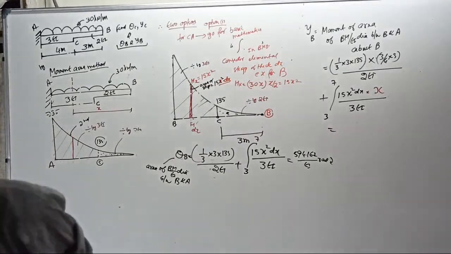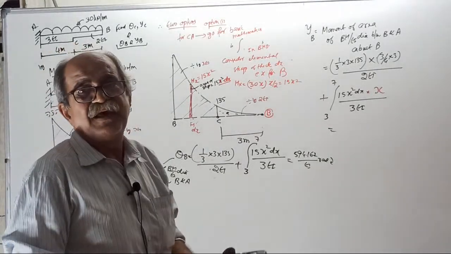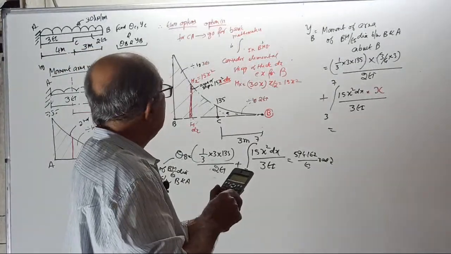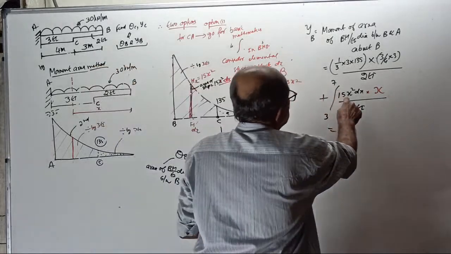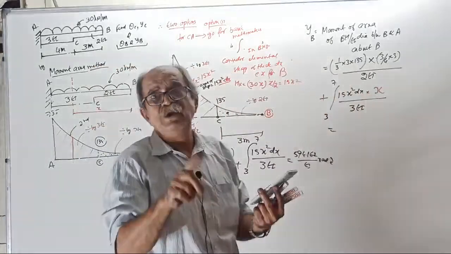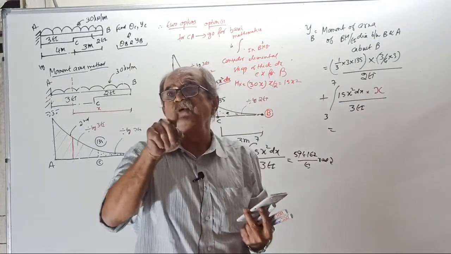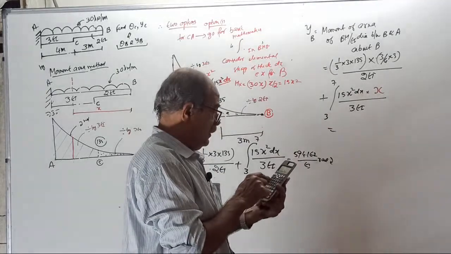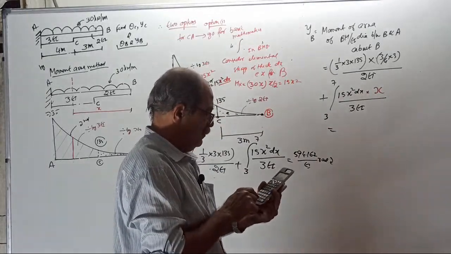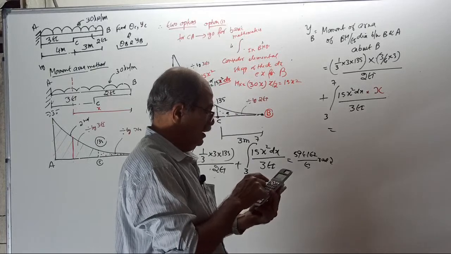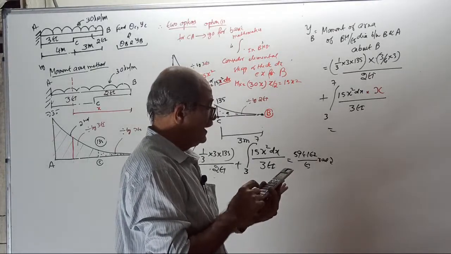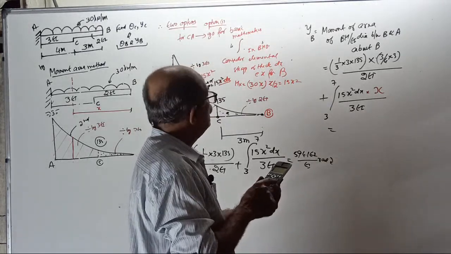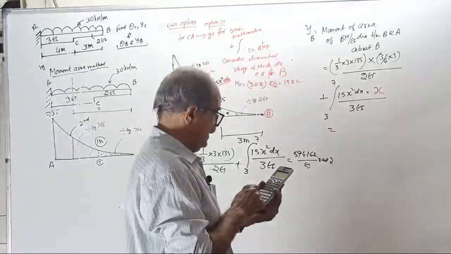Last answer for today. Now onwards the question is whether the answer tallies or not. 15 by 3 into bracket x square into x, x square into x is x cube. X cube when you integrate is x power 4 by 4. Be careful. Into bracket 7 power 4 divided by 4 minus 3 power 4 divided by 4, plus 1 by 3 of 3 into 135 into 3 by 4 of 3 divided by 2EI.